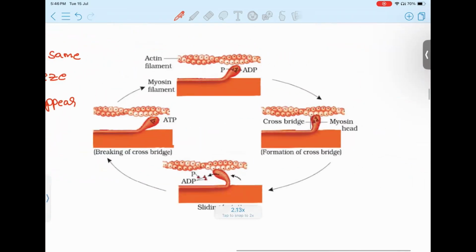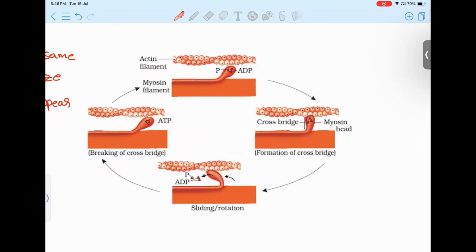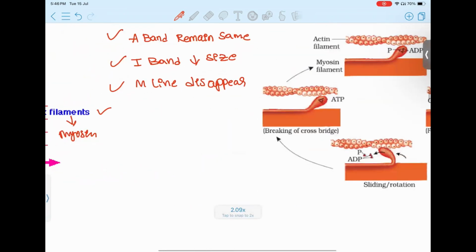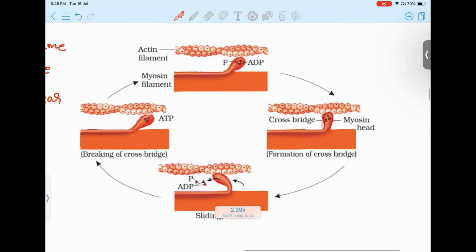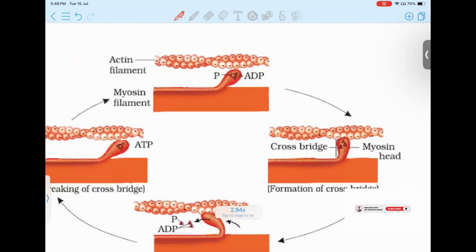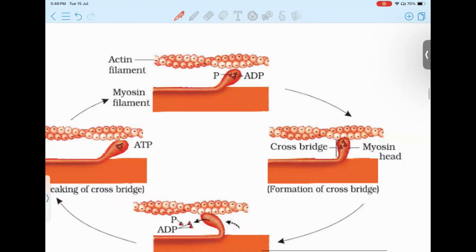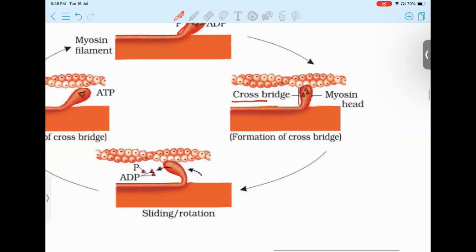Next, moving on to the muscle contraction. How is this muscle contraction maintained? When ATP is formed, it will attach to the myosin head. This myosin head is going to attach to the actin, with tropomyosin and troponin, and calcium attaches, and this will cause the cross bridge formation between the myosin head and the actin.